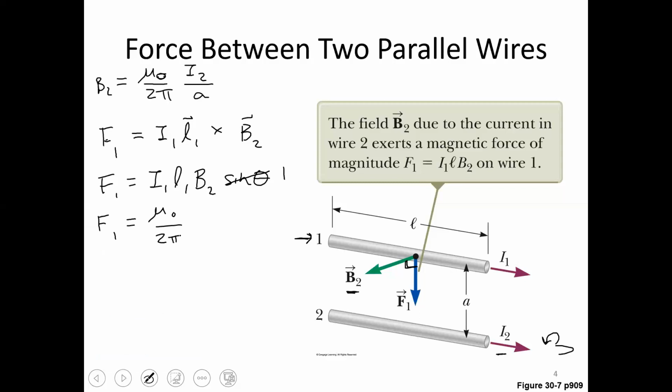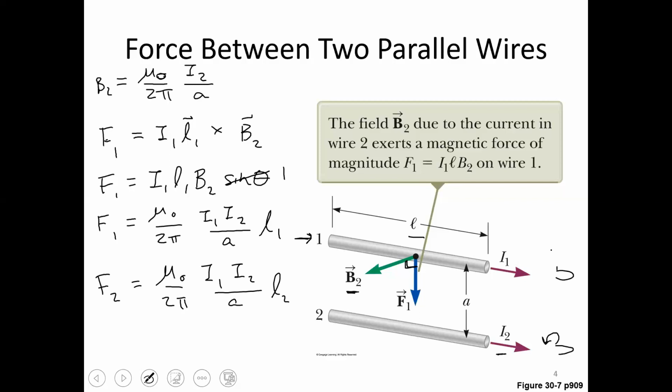We have our current in number 1, our current in number 2, our distance between the two wires, and this length of number 1, which they've actually just labeled L. And it turns out we could do the same sort of exercise for the force in wire number 2, and we would get the same magnitude. So you can go through this exercise and get the same magnitude, but actually in opposite directions.